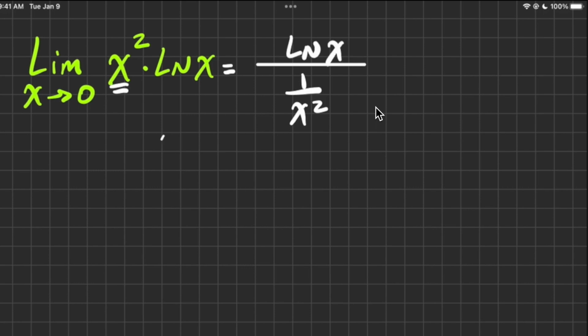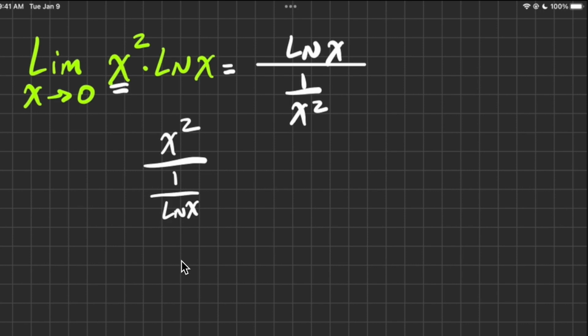We could have kept x squared in the numerator and put 1 over ln of x in the denominator. However, I'm anticipating that this is going to work out, and if I can take the derivative of ln of x, that's easier than taking the derivative of 1 over ln of x.